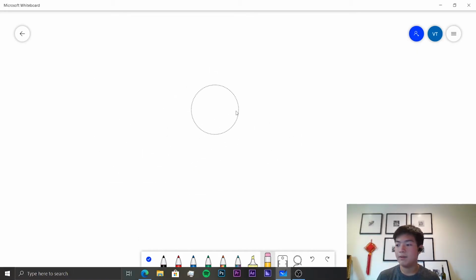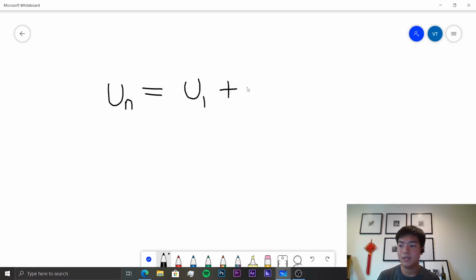The way we define an arithmetic series, or the general formula for all of them, is to say that the nth term is equal to the first term, which is a constant, plus (n minus 1) times d.